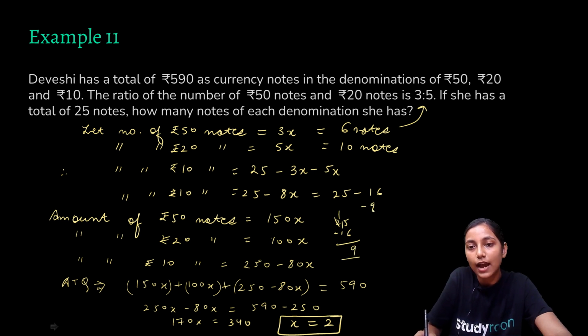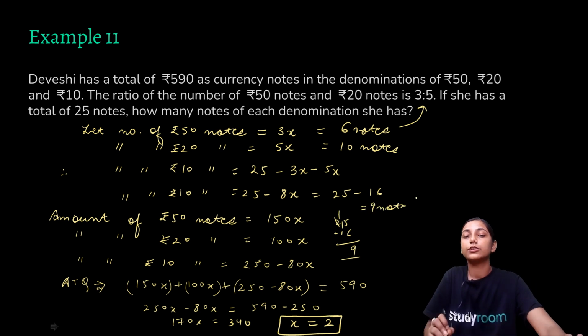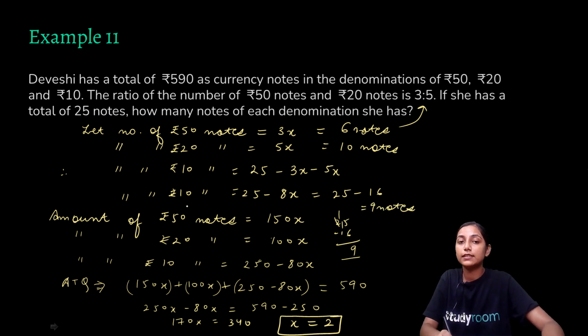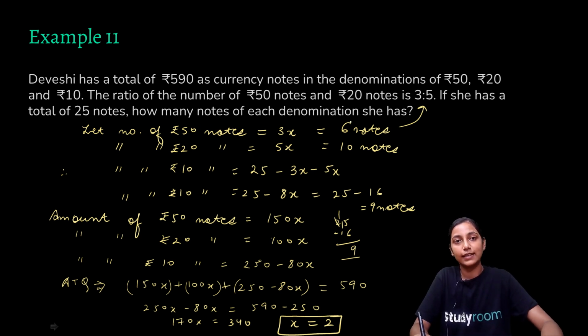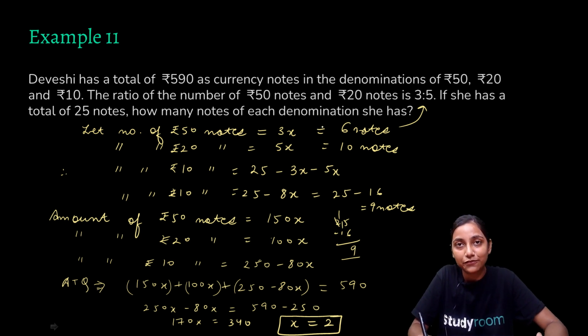So she has 9 notes of rupees 10. This is what we had to find. We had to find the number of notes of each denomination she has: the number of notes of rupees 50, rupees 20, and rupees 10.